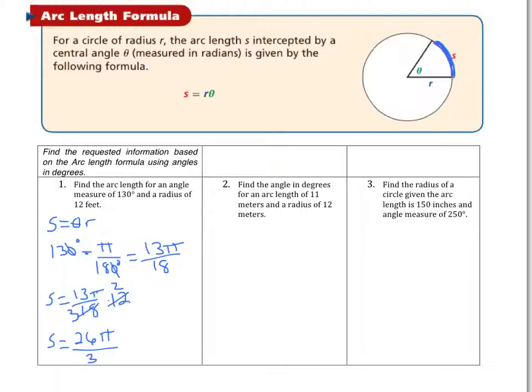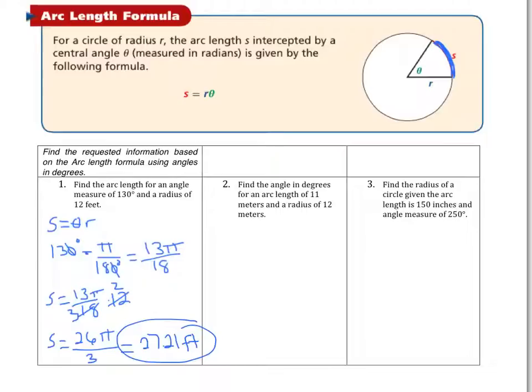And then I can go ahead and put that into the calculator. So our arc length is 27.21 feet. Go ahead, pause the video, and try number 2.